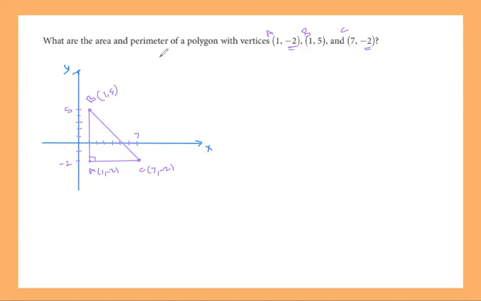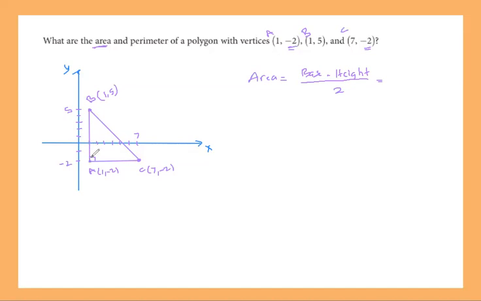To find the area, it's not that hard. We can find the area by taking the base length times height, and then divide this product by 2. In our case, I can take this leg as my height, and this AC as my base.